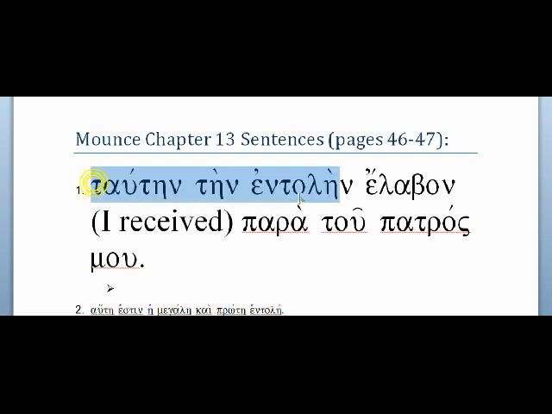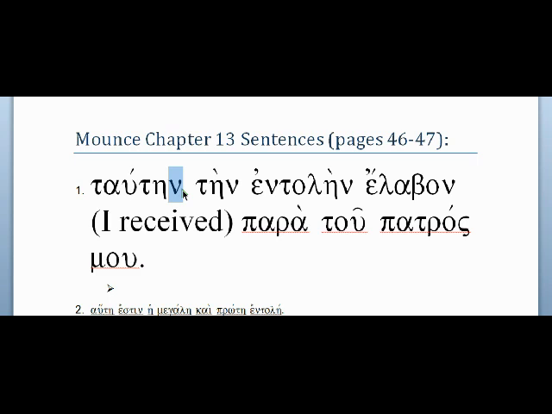So that tells you that this cannot be the subject. Even if you didn't look at the ending, it tells you it can't be the subject because the verb is first person singular. Beyond that, nu is generally going to be your accusative singular inflection.